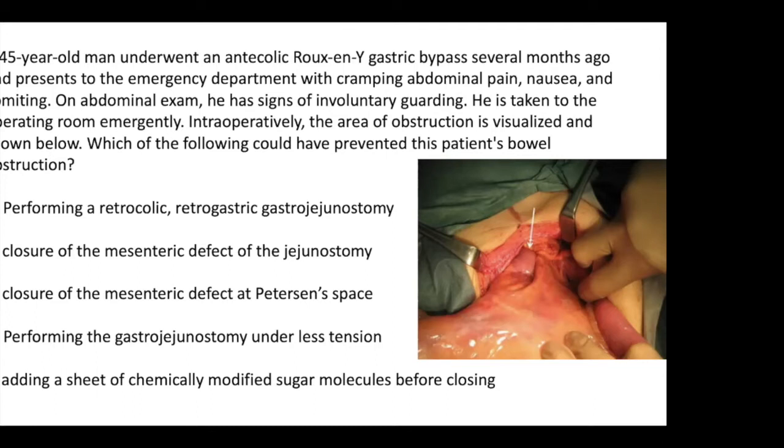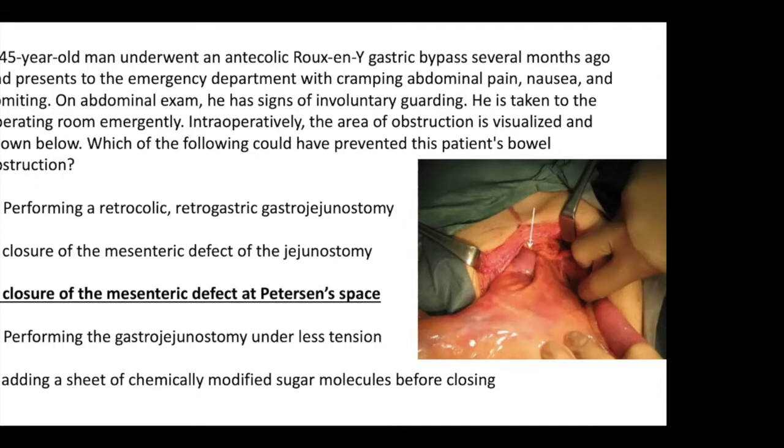I'd say it's supposed to be like an antecolic anastomosis. So in that case, this one's actually Petersen's space. Sorry, I tried to get the picture as clear as possible.